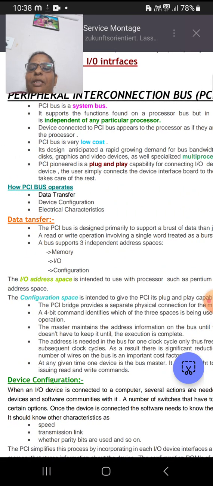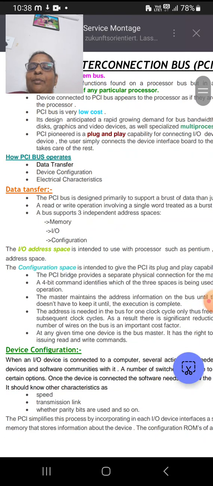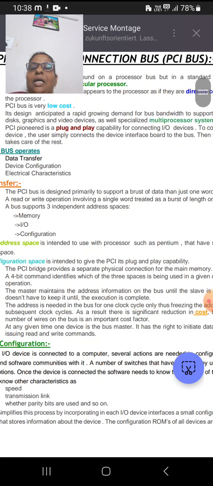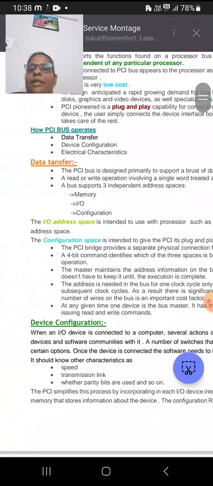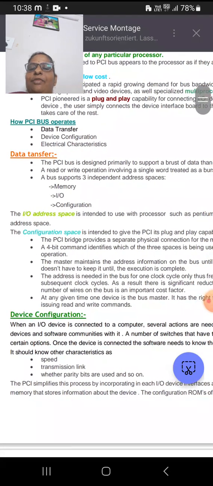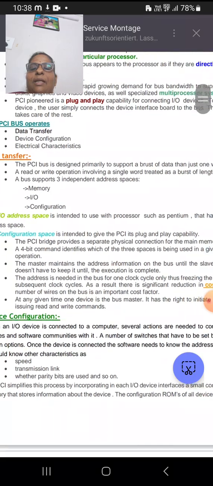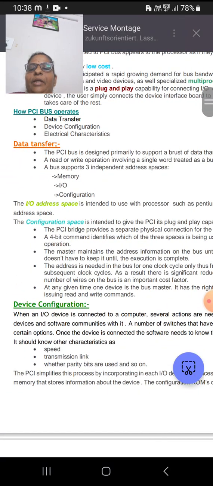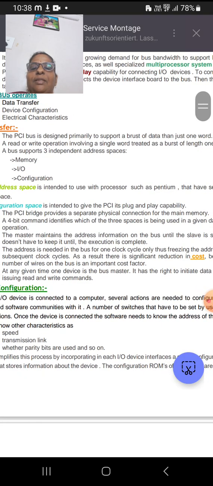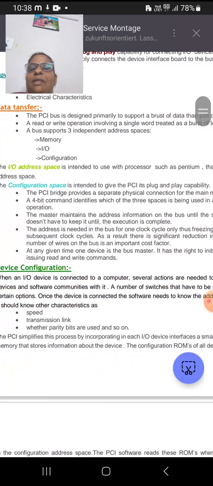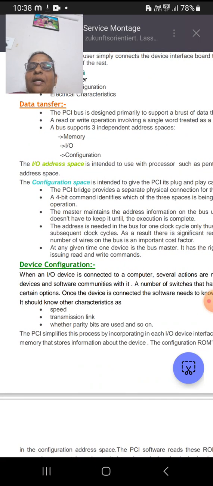The bus supports independent address spaces for memory, input-output, and configuration. The input-output address space is intended for use with processors such as the Pentium that have a separate input-output address space. The configuration space is intended to give PCI its plug and play capabilities, and a 4-bit command identifier distinguishes the spaces being used in a given data transfer operation.